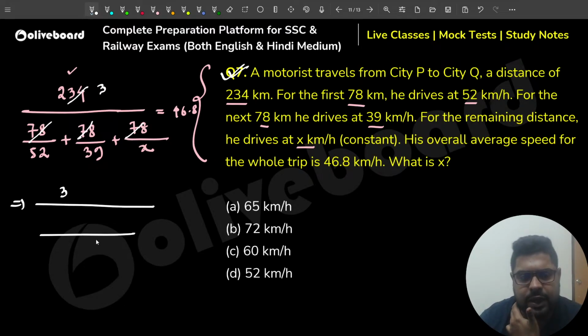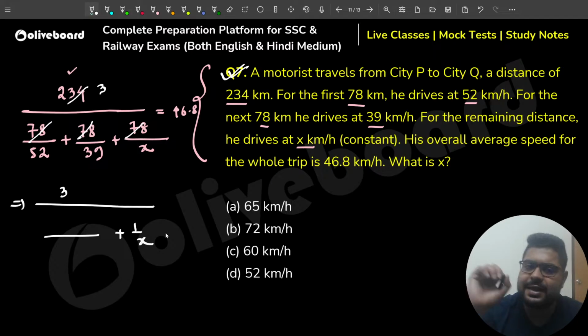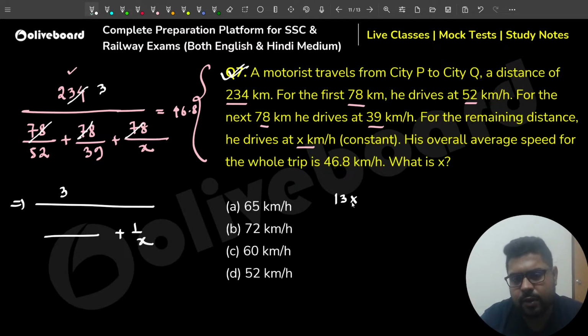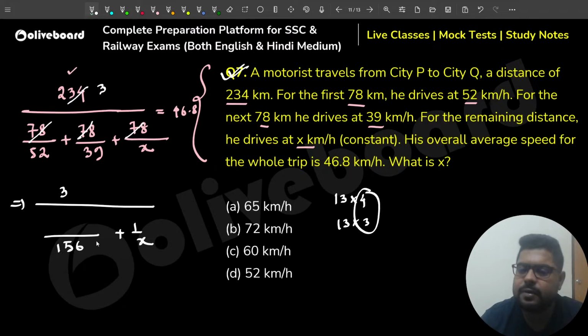Now over here, keep the x as it is. Let's not calculate everything, only these two parts. 52 is 13 times 4, and this is 13 times 3, so the LCM will be 13 times 12, which is 156.